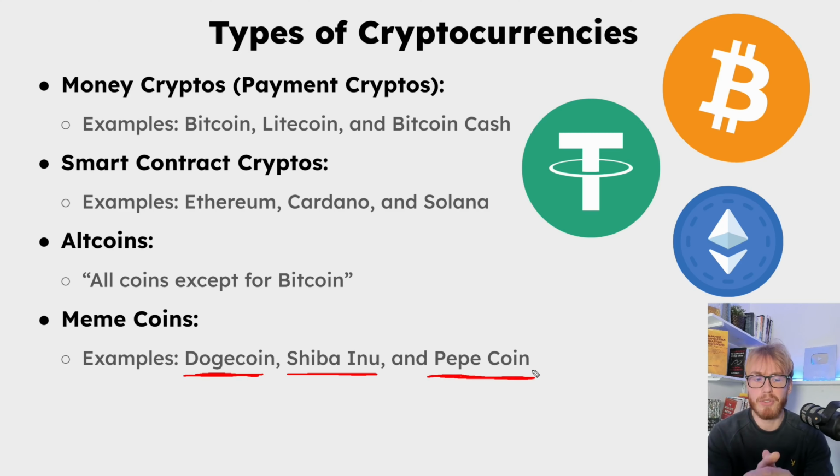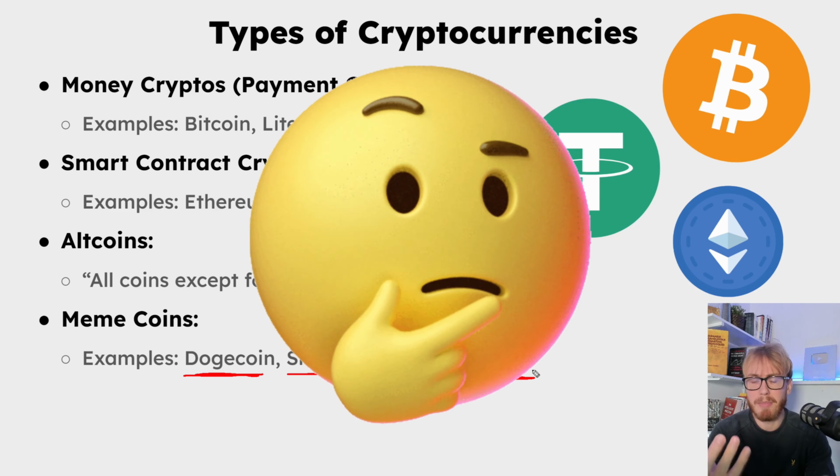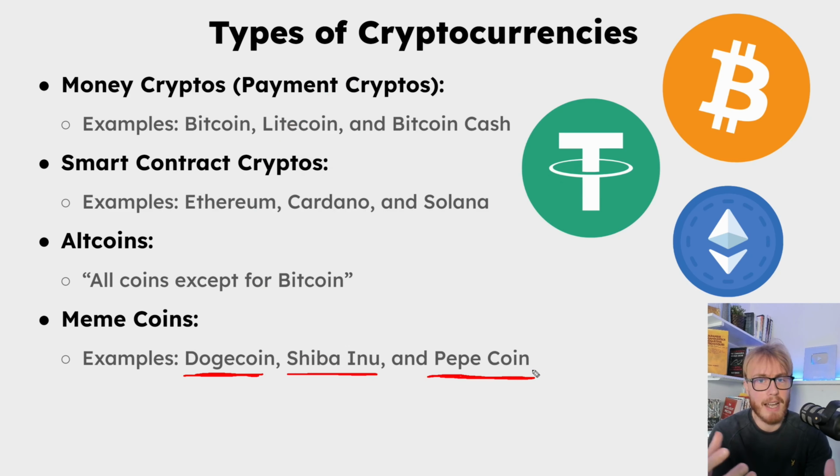You may of course wonder, why would you trade meme coins? Do they even have a use case? Well, first of all, some of the meme coins actually have pretty decent use cases. Some of them can work well as money, so you can actually buy and sell things with meme coins.